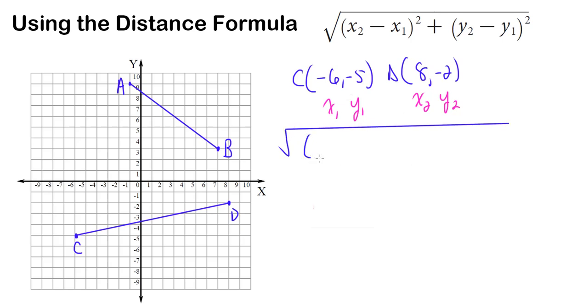Notice I'm just setting this up. So we have x2 is 8 minus my x1 is -6, and y2 is -2 minus my y1, which is -5. And so let's go ahead and work this out.